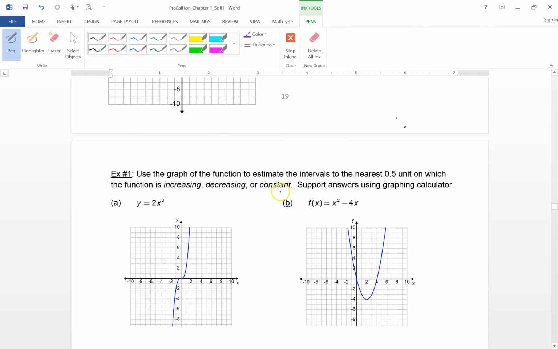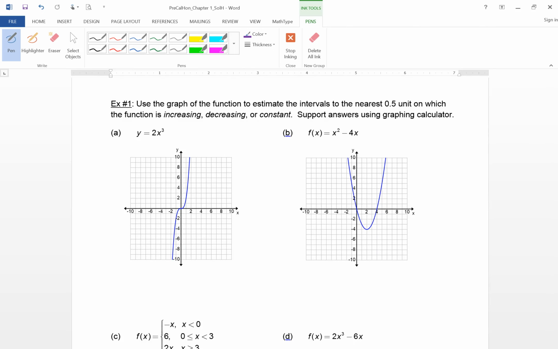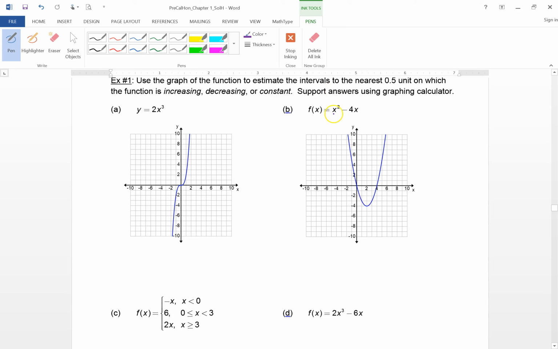Let's do another example here. This is an x cubed function. Okay? Again, estimate to the nearest half unit. So in the case of this one, it'll be increasing from where to where? Everywhere, from negative infinity to positive infinity. This is the x cubed function, right?